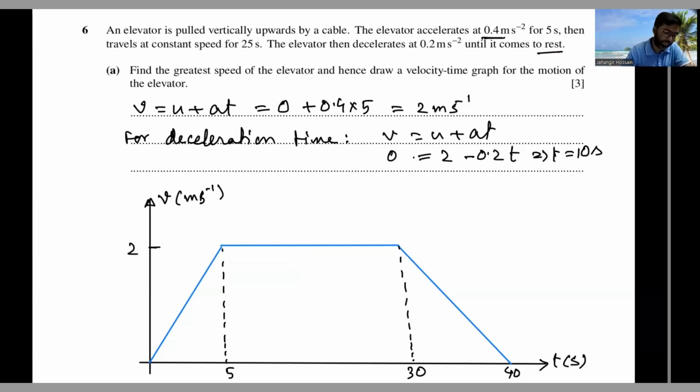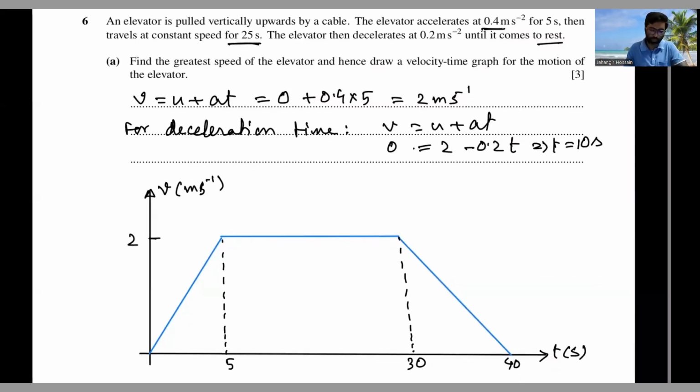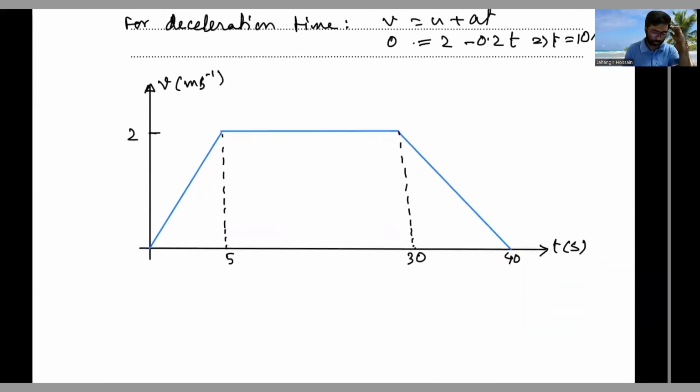Remember, the elevator travels at constant speed for 25 seconds. Then it is decelerating at the end of 5 plus 25, that's 30 seconds. The total traveling time is 30 plus 10, 40 seconds. That's the velocity time graph.